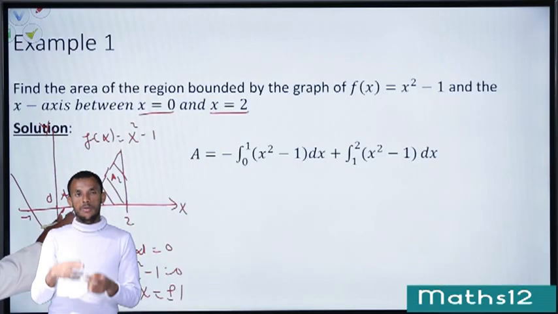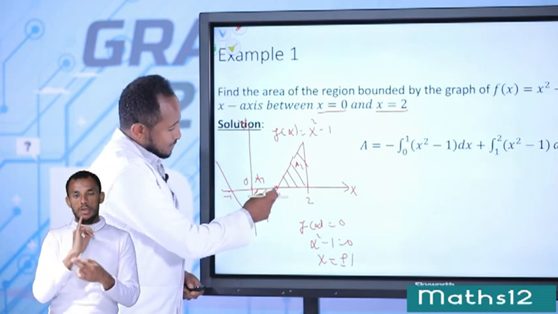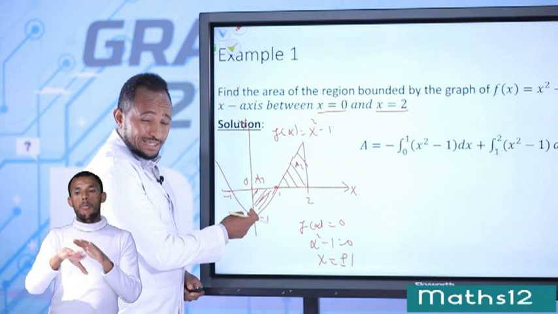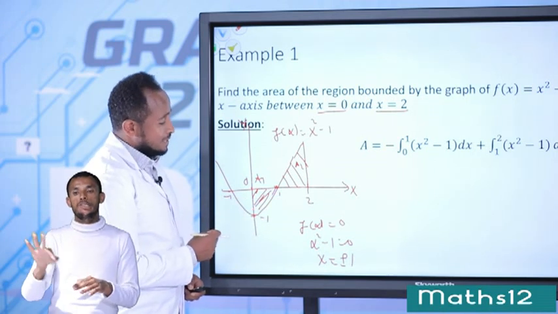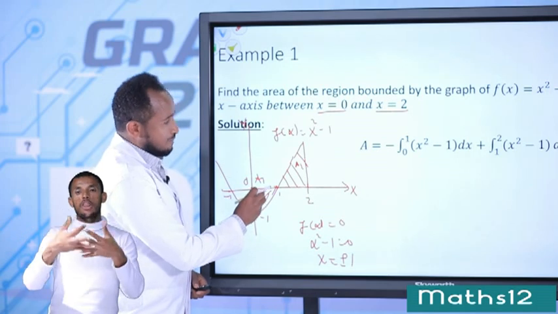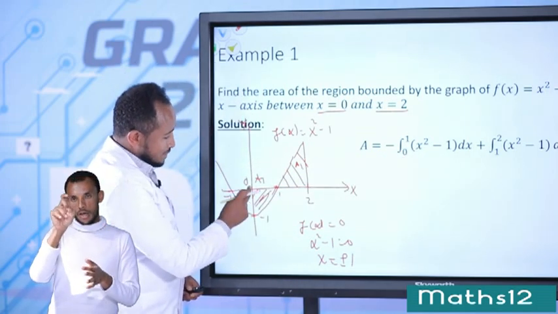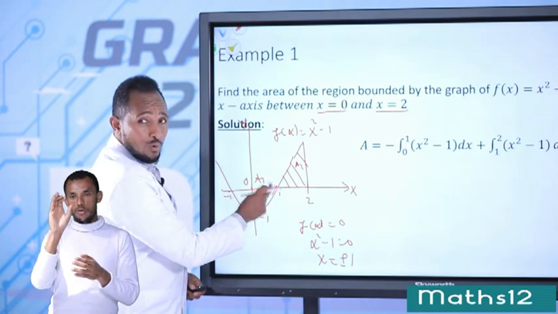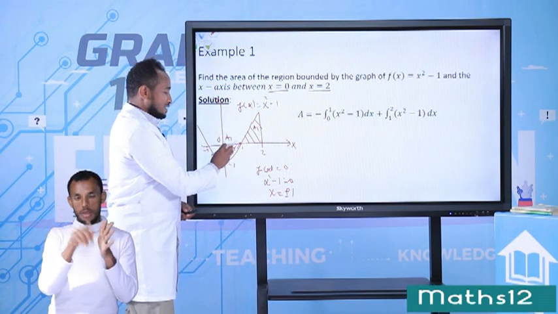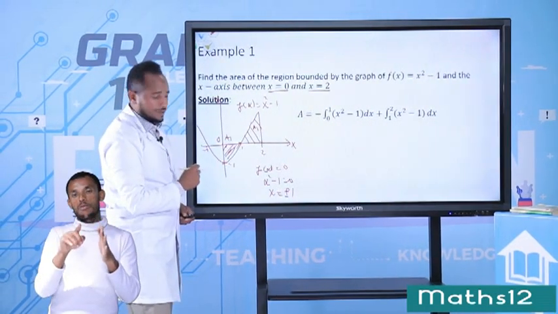The area of this region: as you can see, the curve is below the x-axis. Therefore, this region is the integration of the function x squared minus 1 dx on the interval from 0 to 1, and you put a negative because the region is below the x-axis. To make it positive, you have to add a negative.